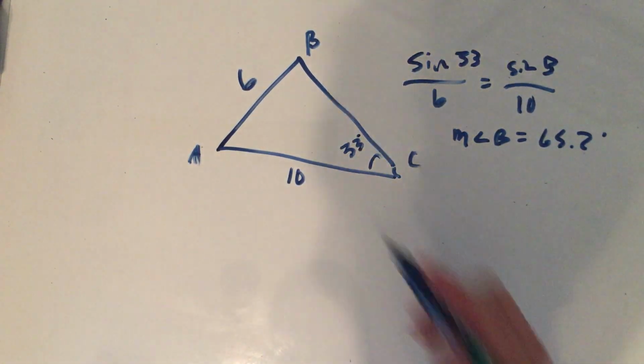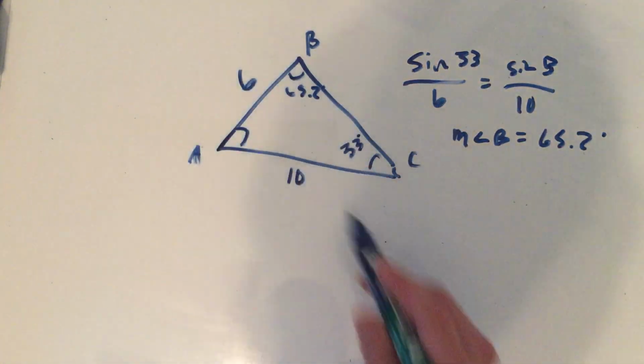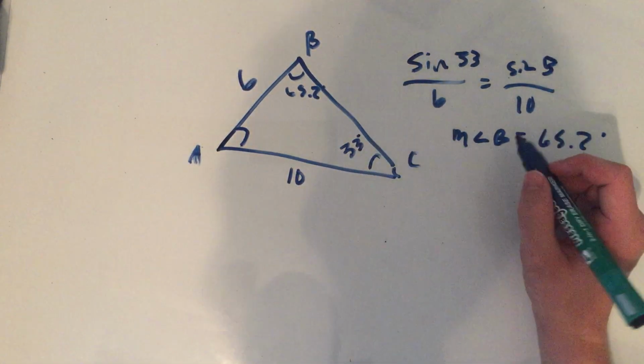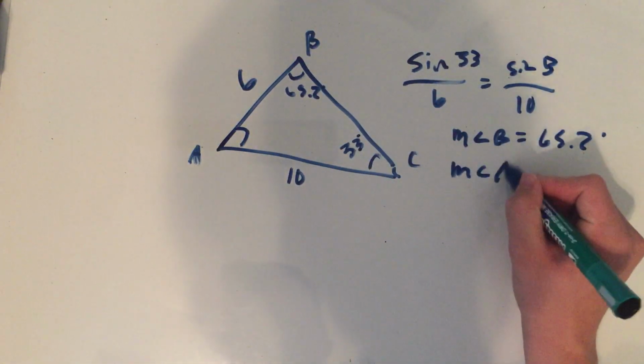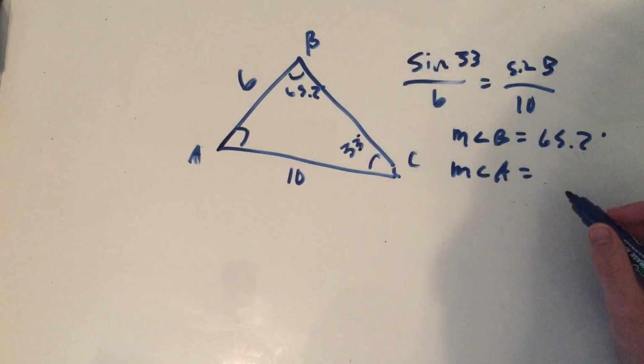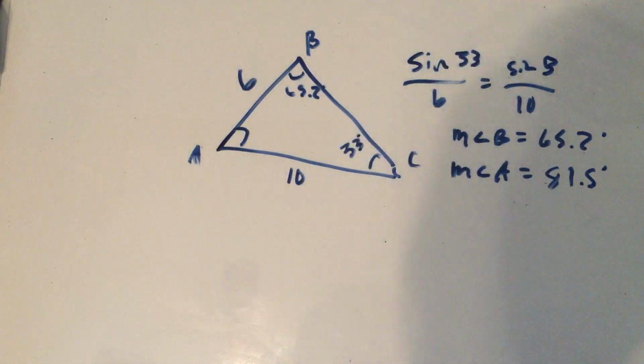Now, using this, we can solve for angle A. We just do the simple 180 minus 65.2 plus 33. The measure of angle A is going to be 81.5 degrees.